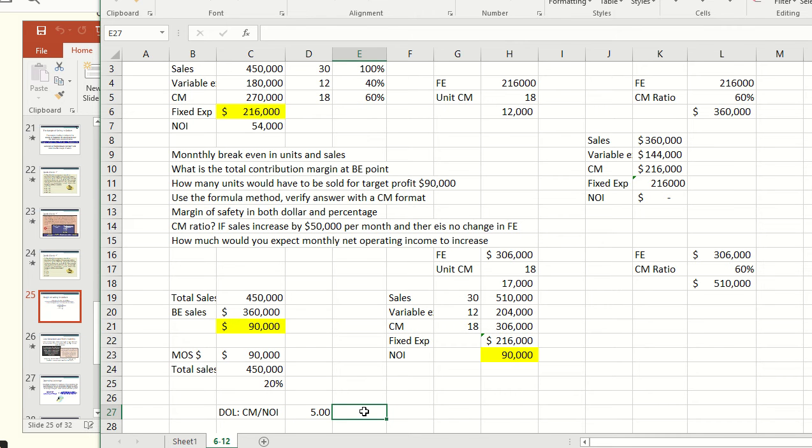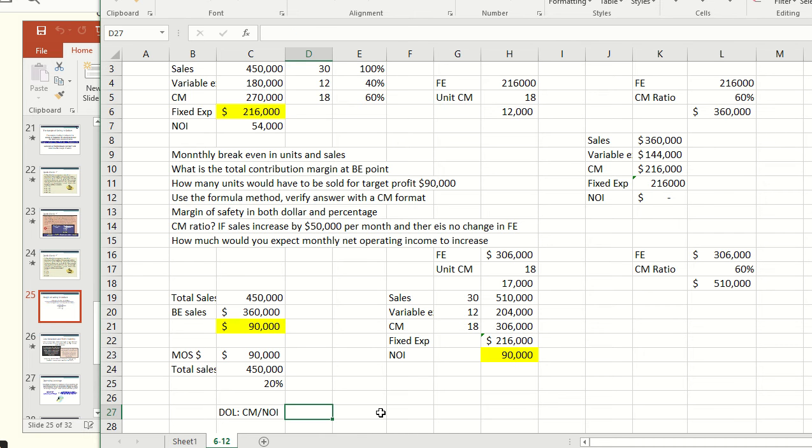So if our sales increased by a specific percentage, it went up by 50,000. So that didn't tell me a specific percentage per se. So you could solve for a percentage change between the 450,000 to the 500,000, right? Because it's a $50,000 change, which I could do for you.